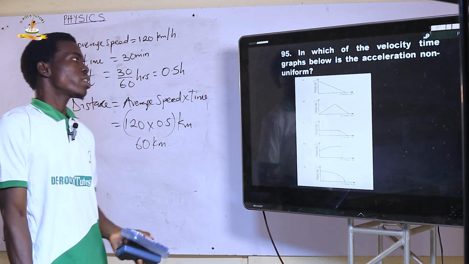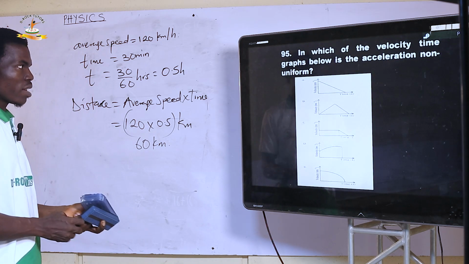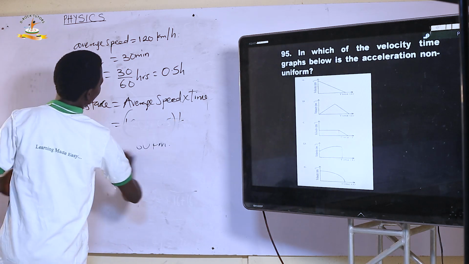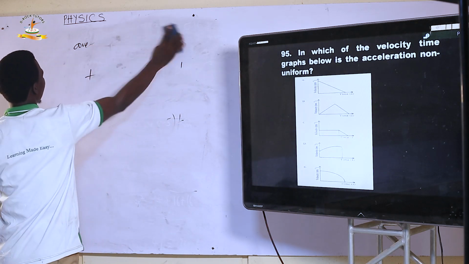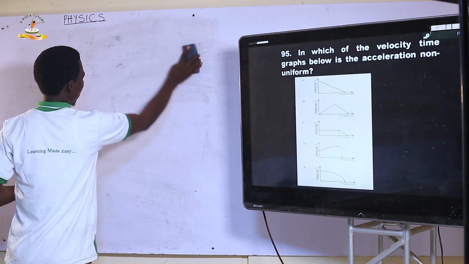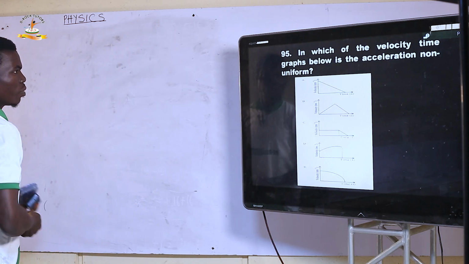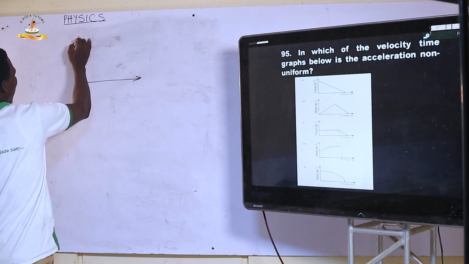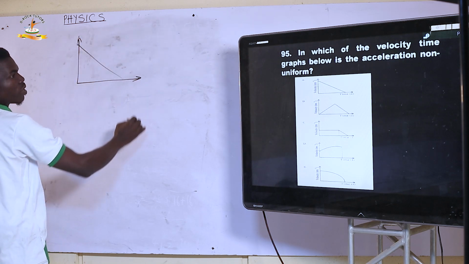Next, 95. We have some graphs. Let me replicate the graphs for better visibility. You have the first one, and it's just down here.